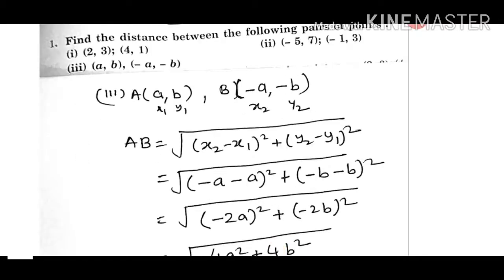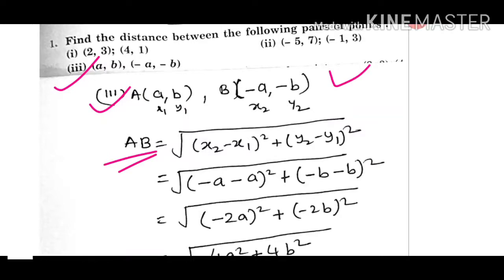Now question 3 is the same. The first point is A, minus B... we write it as x1 and y1. The second point is B, that is minus A, minus B, we write as x2 and y2.